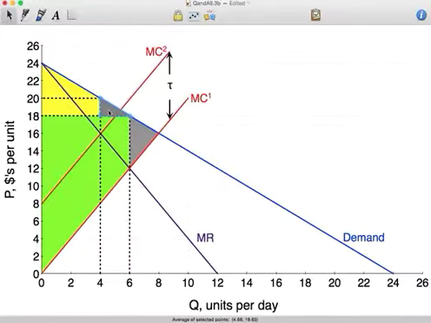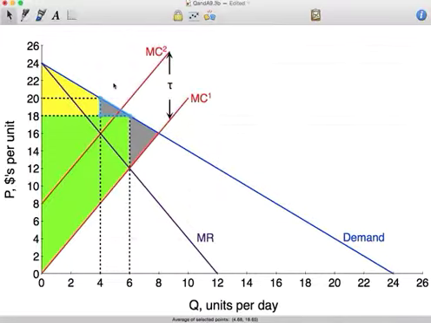This triangle right here represents consumer surplus that used to exist prior to the imposition of the tax that no longer exists after the imposition of that tax. All right, so a portion of this original consumer surplus, that highlighted yellow area there, no longer exists. And that is what we call deadweight loss, and that is represented by that triangle right there.